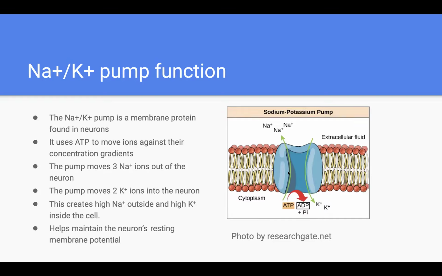This means that more sodium ions are getting released than potassium ions are coming in to the neuron. This creates a high sodium ion concentration outside and a high potassium concentration inside the cell. This helps maintain the neuron's resting membrane potential.